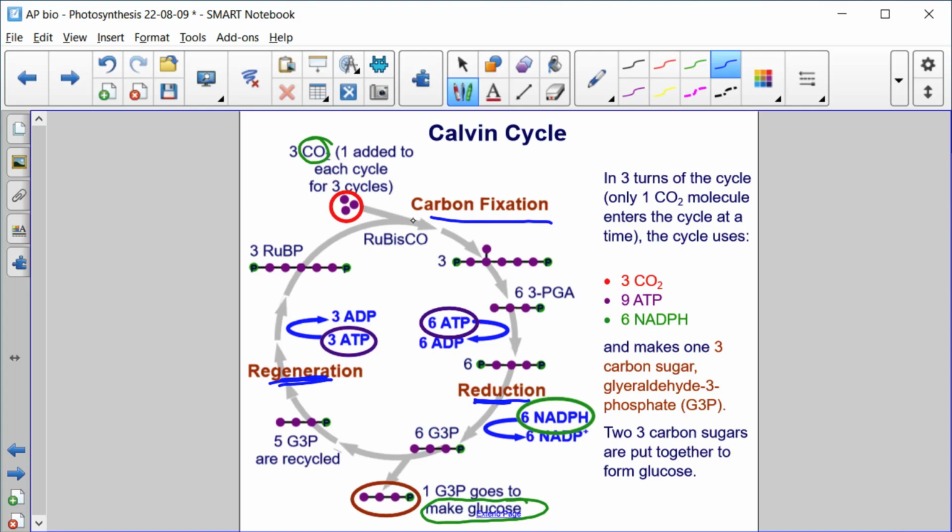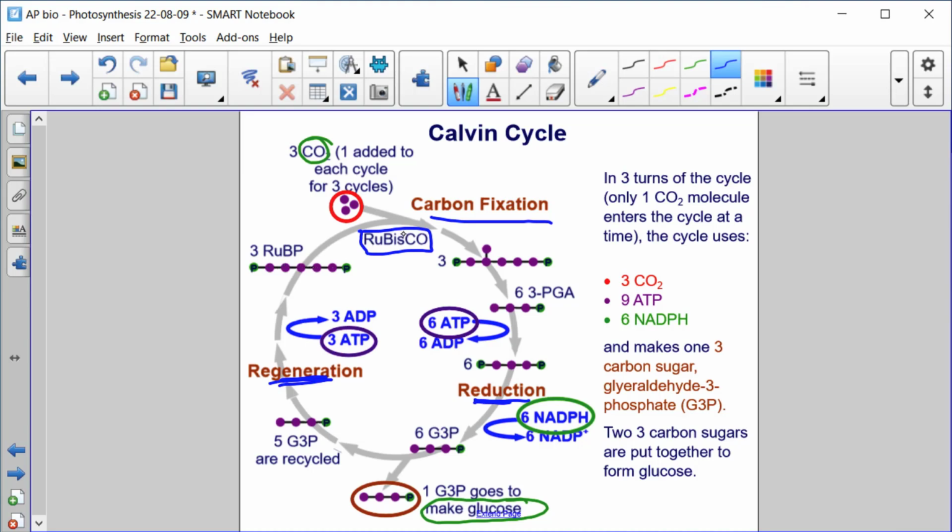How are we capturing the carbon dioxide? Well, we're attaching it to this RuBP molecule, which is a 5-carbon molecule. And we use the enzyme rubisco to do it. So you see we have this 5 carbon molecule.